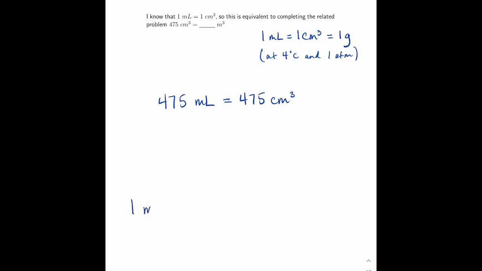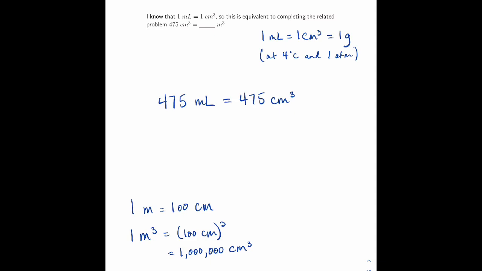1 meter is 100 centimeters. So 1 cubic meter is 100 centimeters cubed, which is 1 million cubic centimeters.